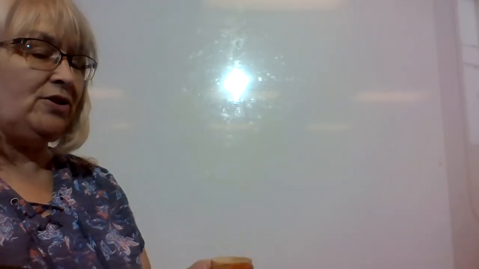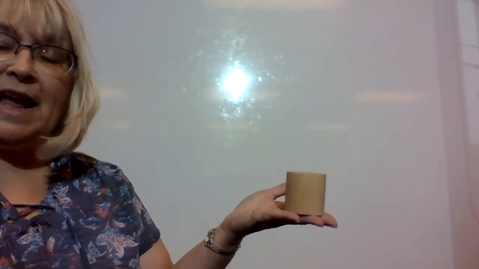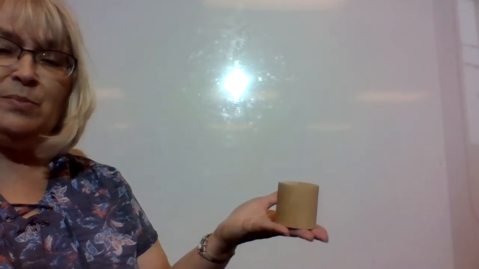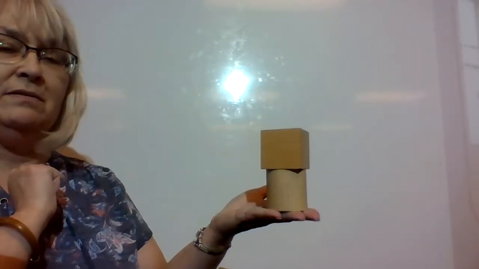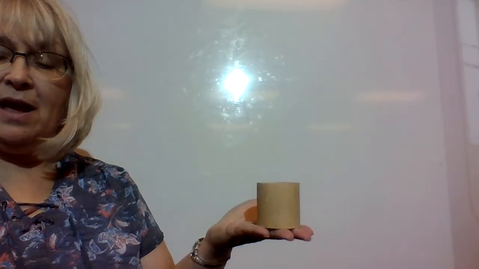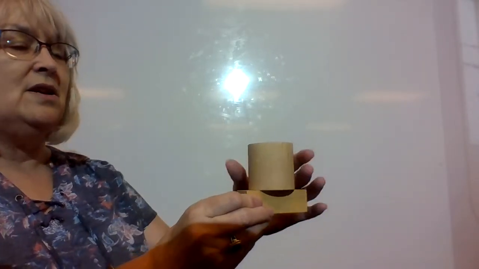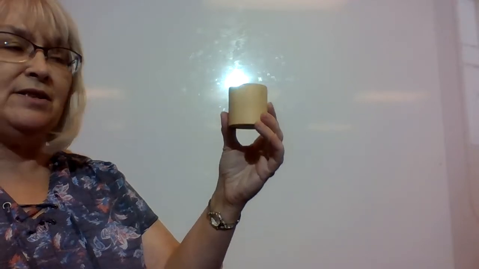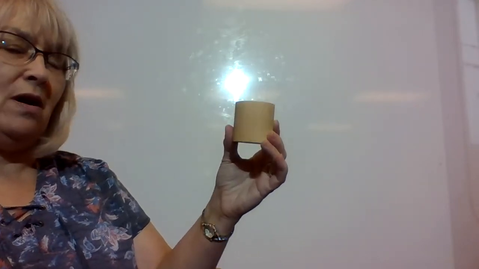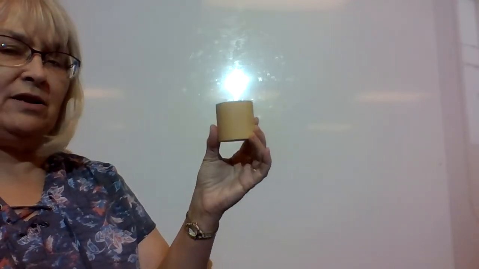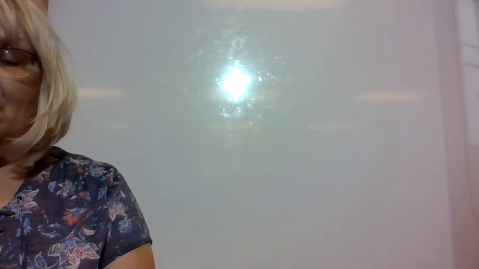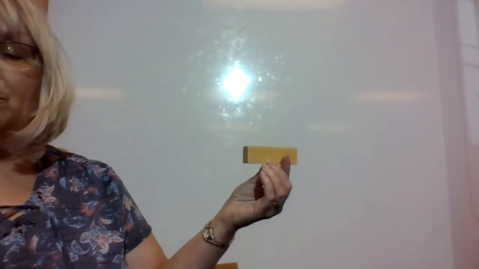All right, so then let's just try the cylinder. Can a cylinder stack? Can I put something on top of it? Yes. Can I put it on top of something else? Yes. So a cylinder can stack. Think about why. Why can it stack top and bottom? Here's our rectangular prism.